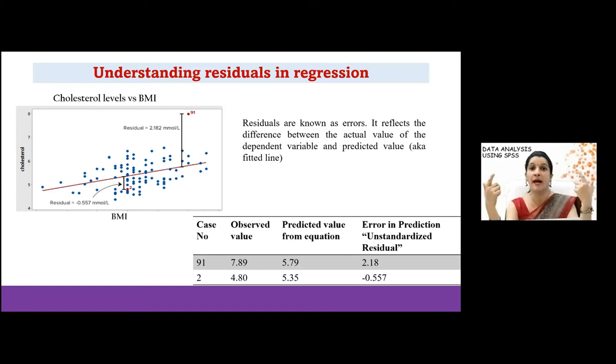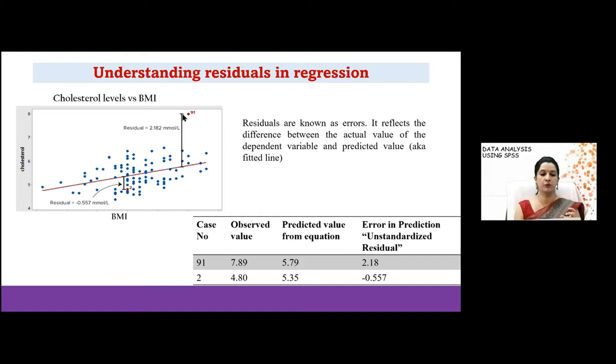But there will be some actual or observed value also. So these dots are the observed value, and this line is the predicted or the fitted line, right? Now you have to see the distance between these two. Actually, it is the difference between the actual or observed value and the predicted value.